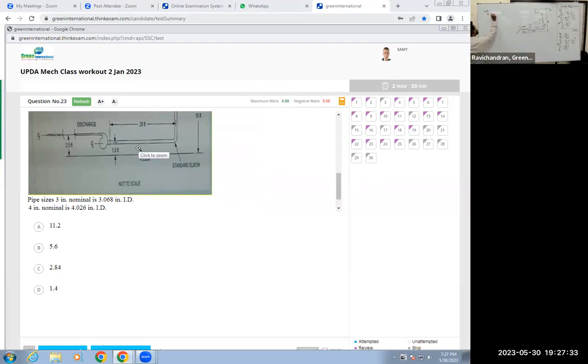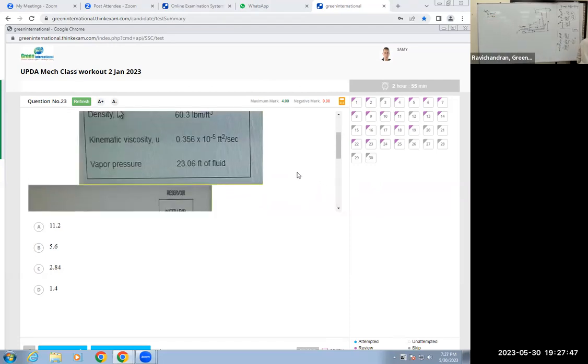Q is equal to 300 GPM. Suction is 4-inch, and at the bottom of this table they have given the ID and OD.